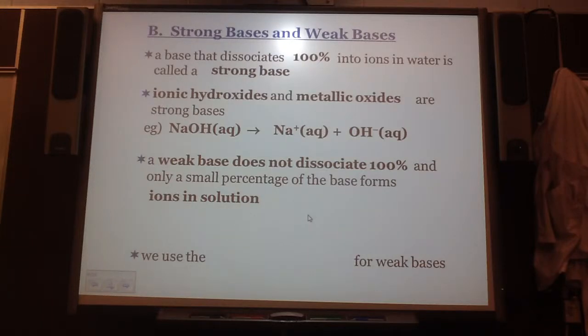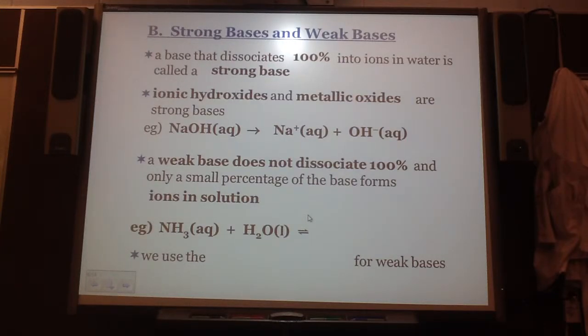So all of these weak bases are the ones that you have to react with water to make the OH-. They're all the other ones that don't have that OH in them. It's everything else. So you should think to yourself, okay, it needs that extra bit of help, so it's a bit weaker.